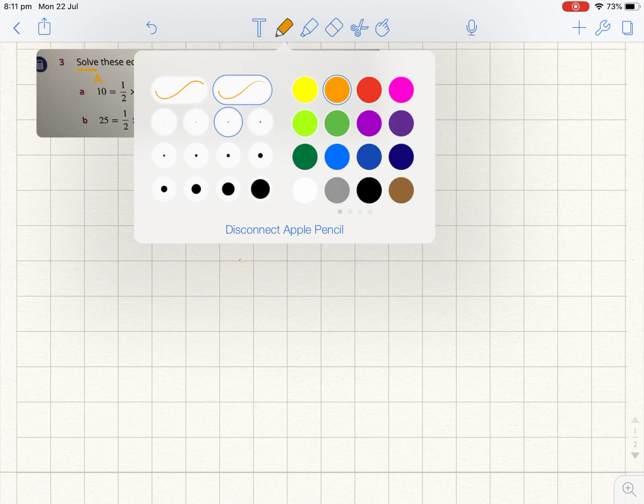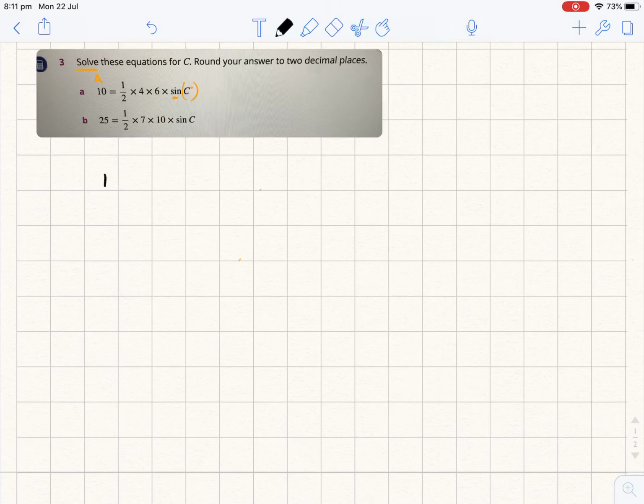Okay, so let's work through this question. First thing, when I start with any algebra problem, I should always look for easy parts that I can simplify right at the beginning. And in this problem, right here, I have nothing but numbers. So I can calculate a half times 4, which is 2, times 6 equals 12.